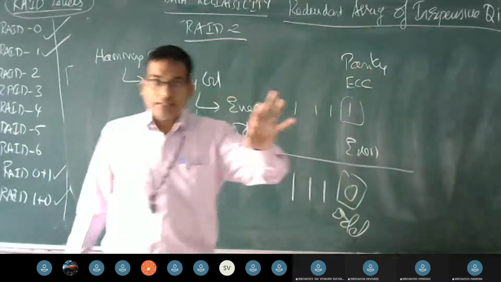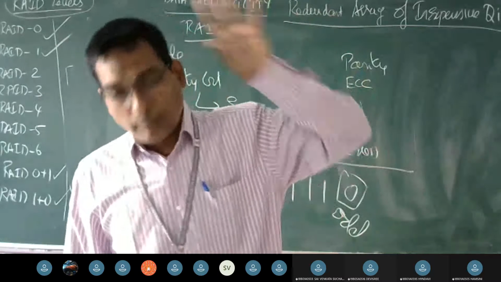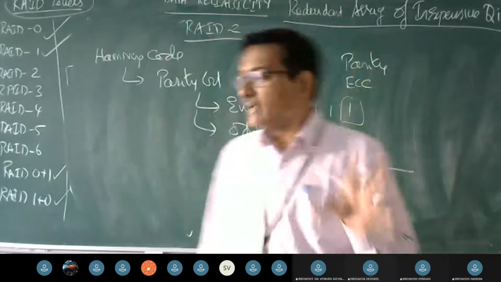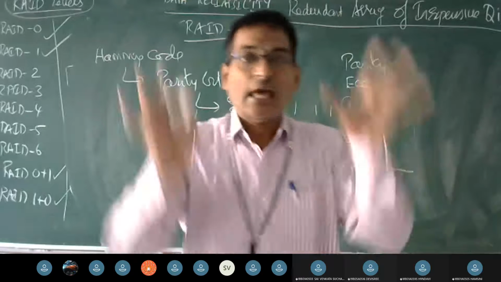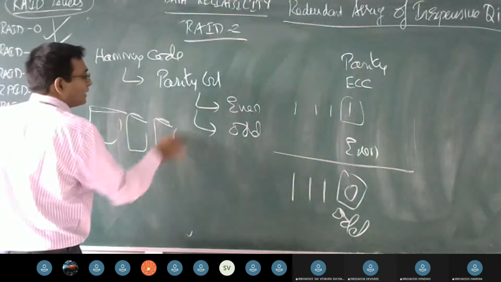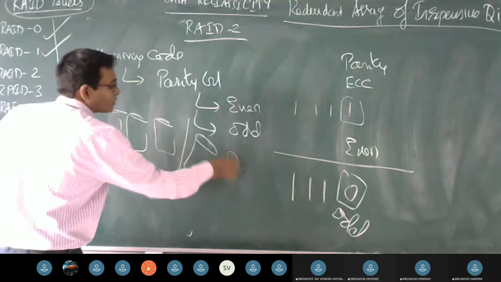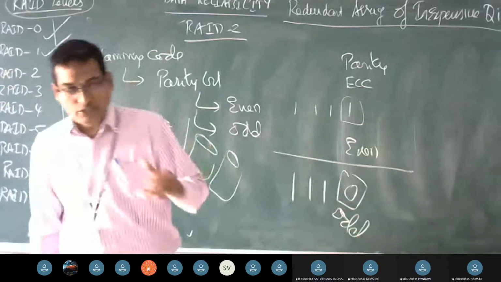So the Hamming distance works with even parity or odd parity bits, and these parity bits are spread across multiple disks along with the original data. So I have the original data, and along with it I have some associated contents called parity bits.